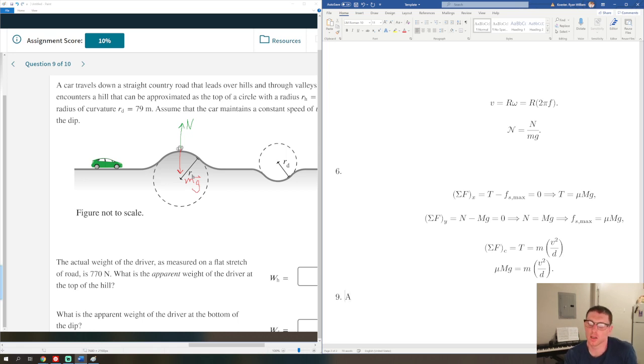So we're applying Newton's second law to the car when it's at the top of the bump. Let me swap these just so nothing is blocked.